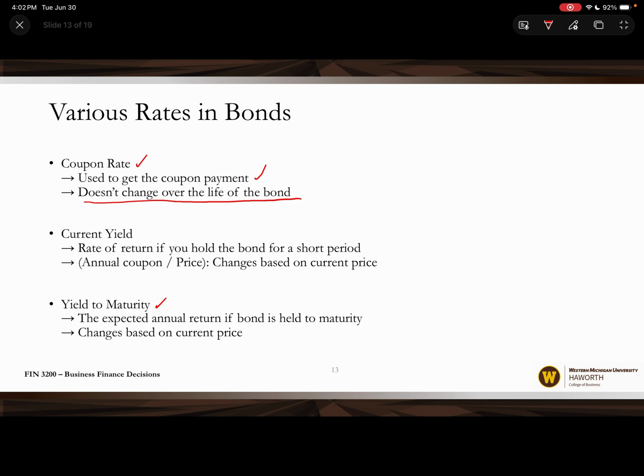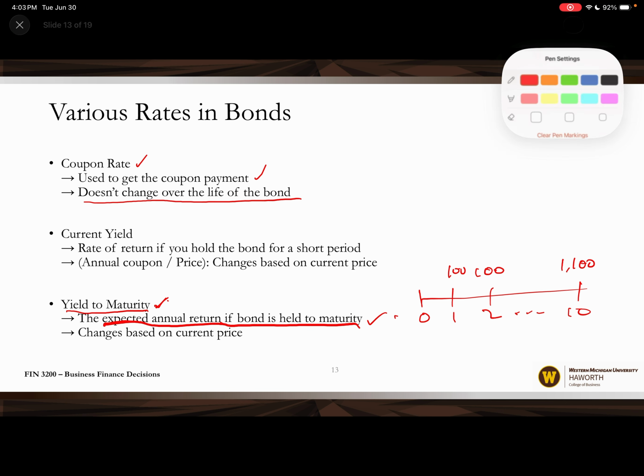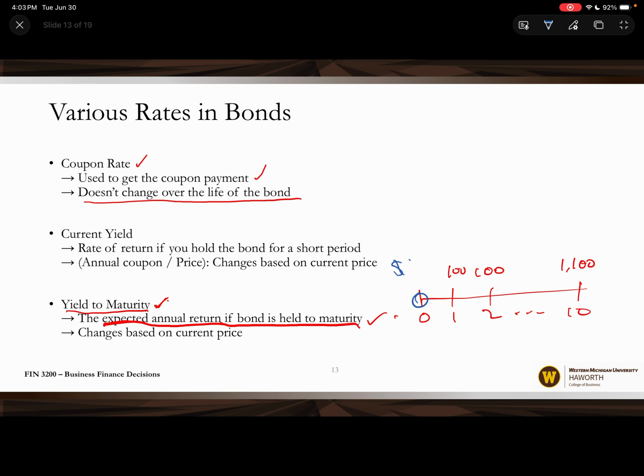However, I'll show you soon that the yield to maturity changes just like the stock price. The definition of yield to maturity, you saw earlier, is the expected annual return if the bond is held until maturity. So whatever the market price is, let's say this is the bond, and the current market price is $9.95 or something.